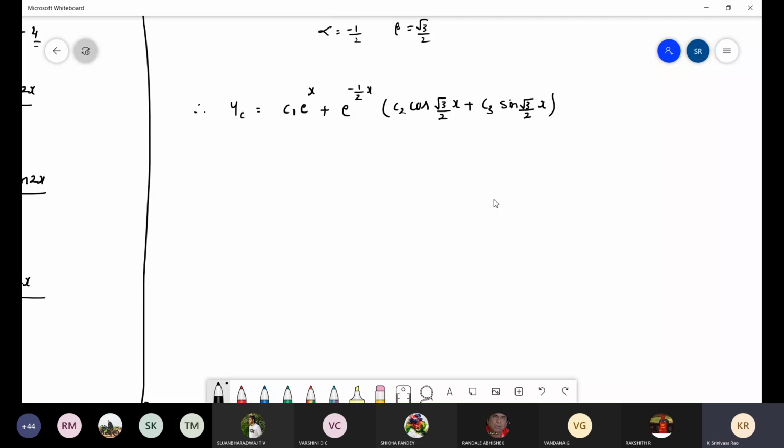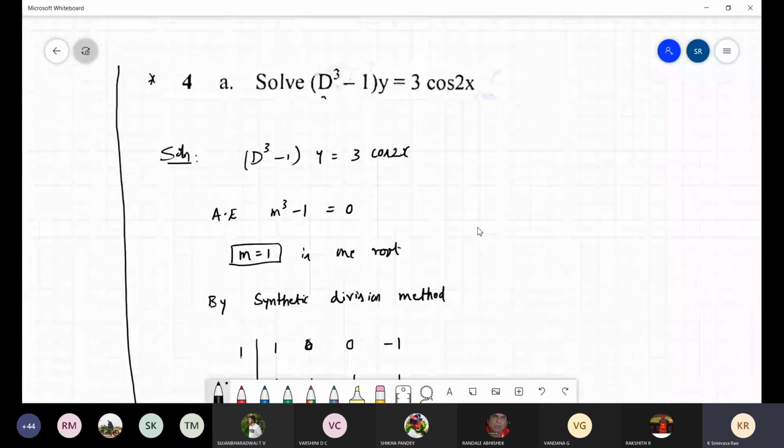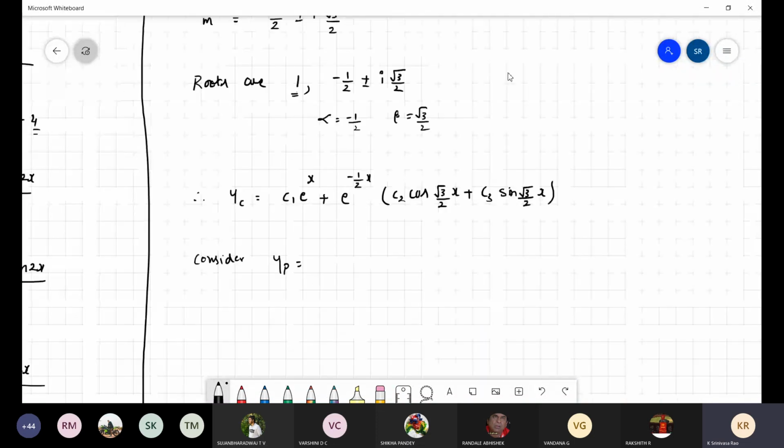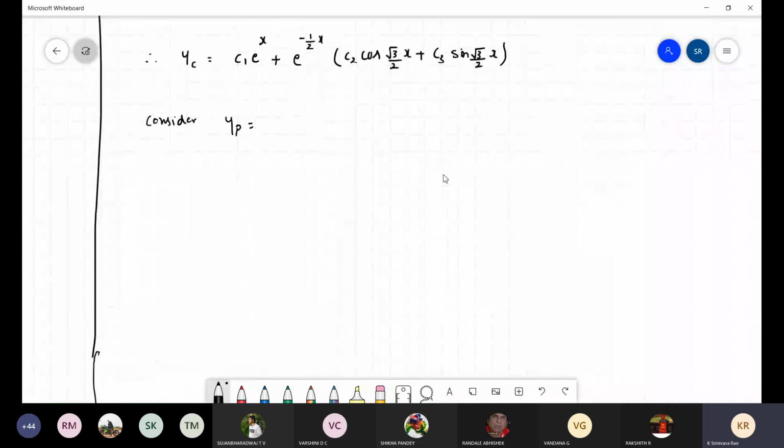Is it over? Yc? Yes, sir. Consider yp. Consider yp equals RHS, 3 cos 2x divided by d cube minus 1.